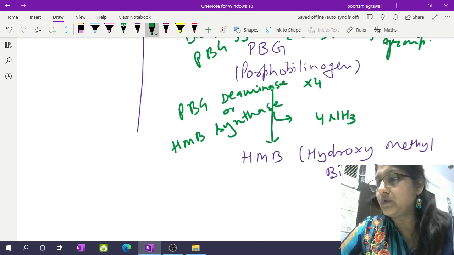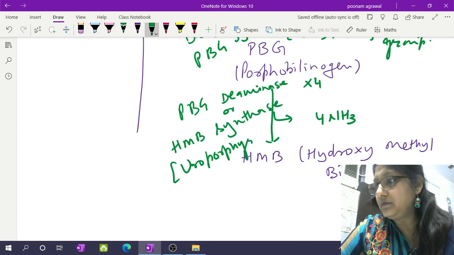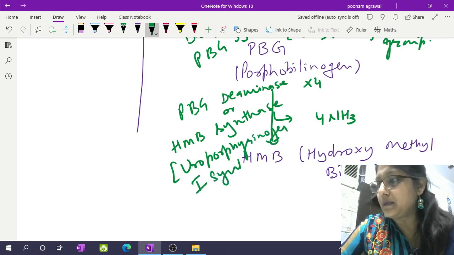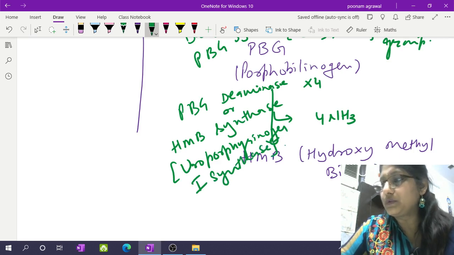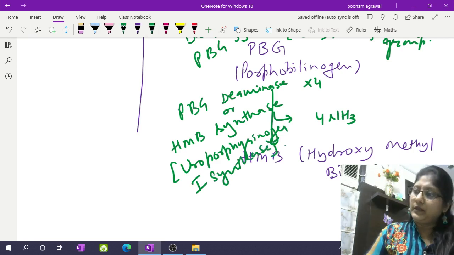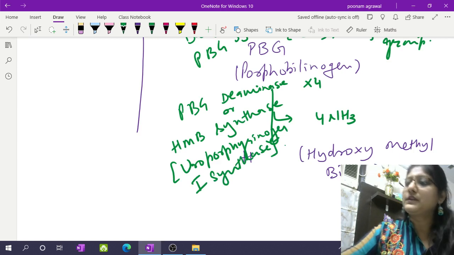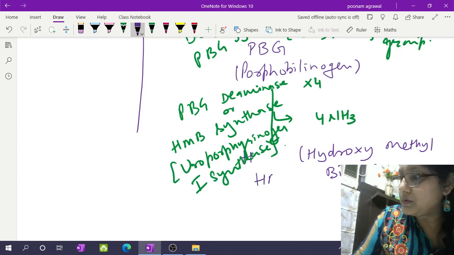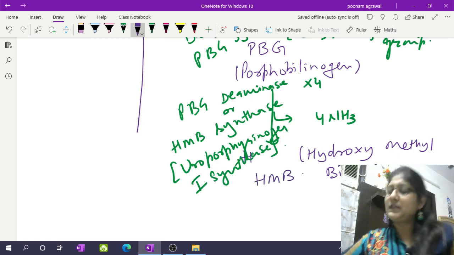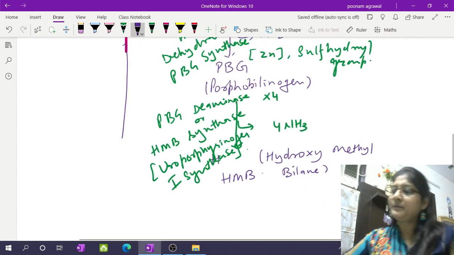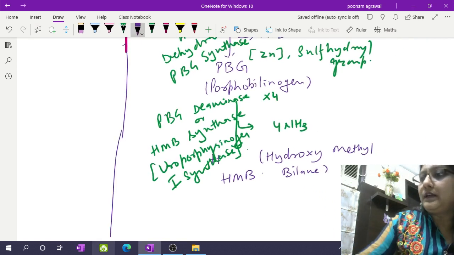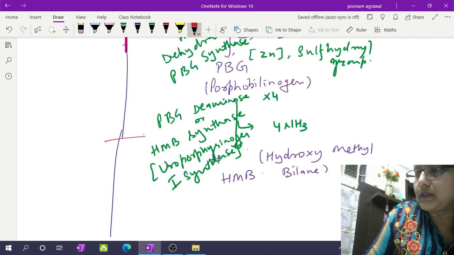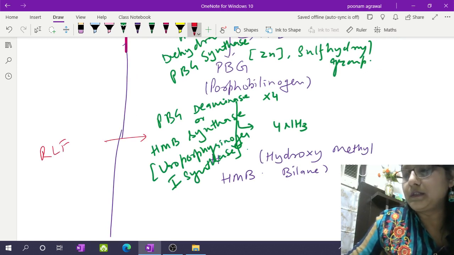Previously, this enzyme was called uroporphyrinogen 1 synthase, but now this name is obsolete, and to avoid any confusion they are not using this terminology anymore. So this is the PBG deaminase or HMB synthase enzyme, which in certain literature is written as the rate limiting enzyme in developing RBC.